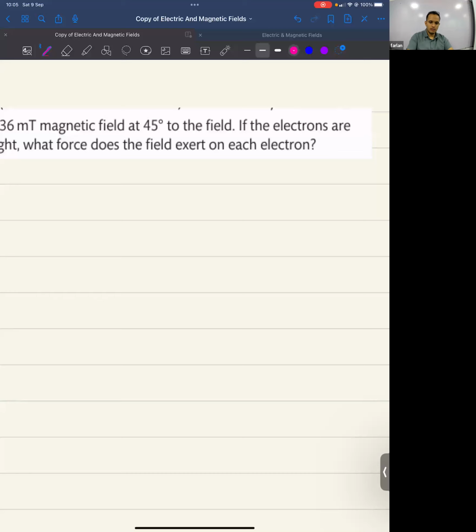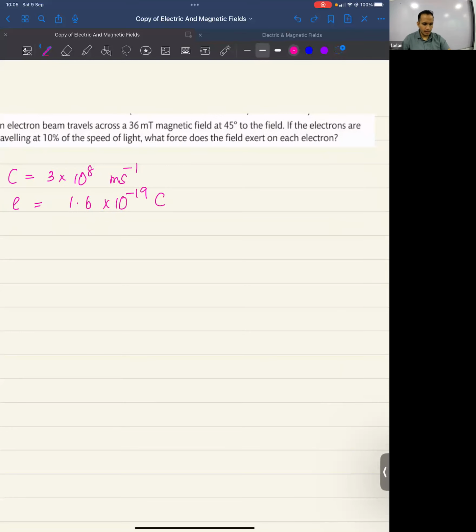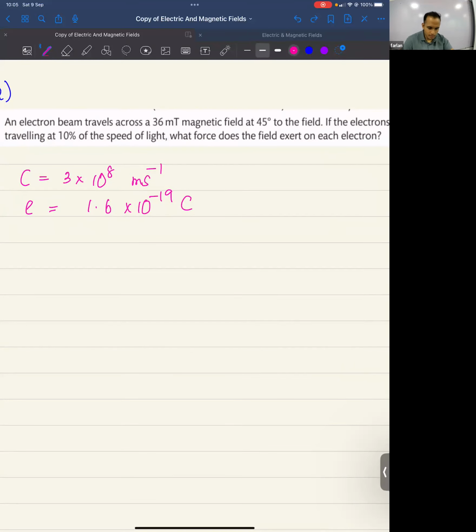For your information, the speed of light is 3 into 10 to the power 8 meters per second, and the charge of an electron is 1.6 into 10 to the power minus 19 coulombs.